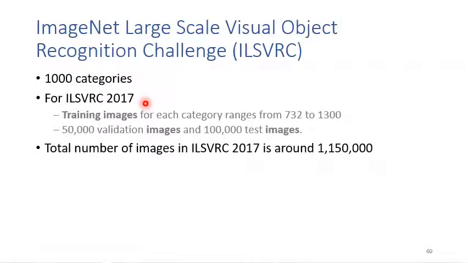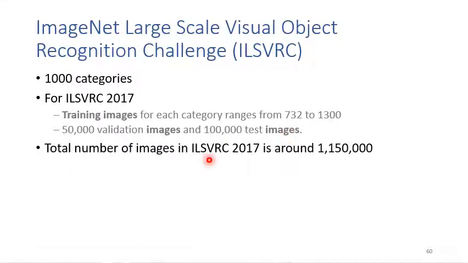For ILSVRC 2017, there are around 700 to 1,300 images for each category, and an additional 50,000 validation images and 100,000 test images to evaluate the performance.